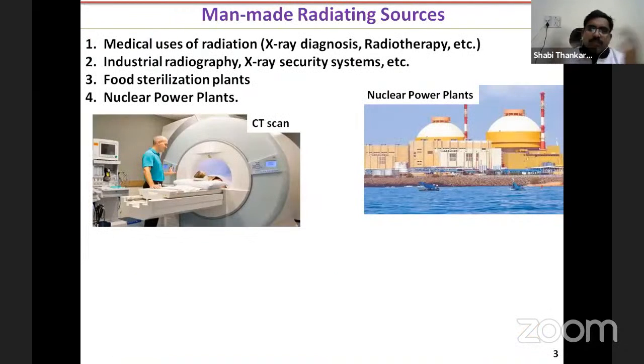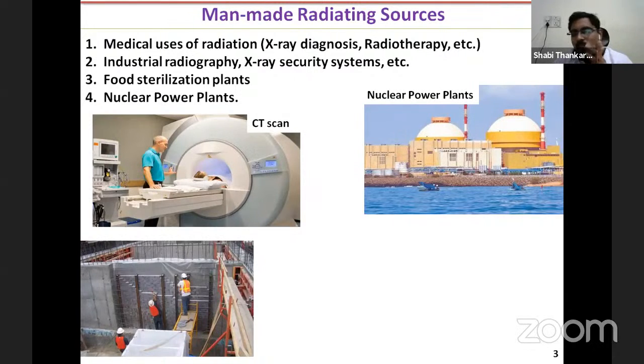We use radiation everywhere, for example in medical CT scans, in nuclear power plants, which also release a lot of high energy gamma rays, and in food sterilization plants, and so on. They are very good if used safely, because they are also very dangerous. So it is good practice to work behind radiation shielding walls.